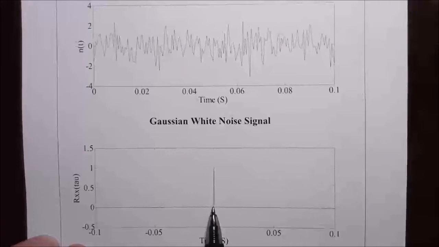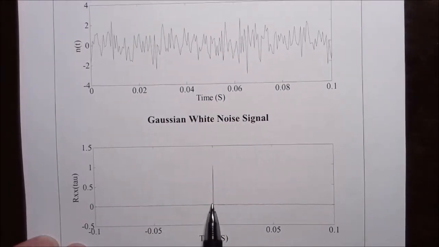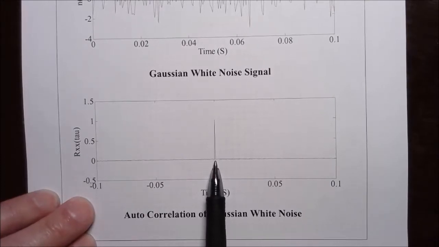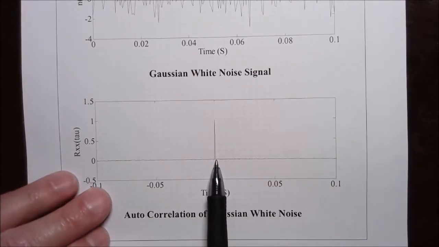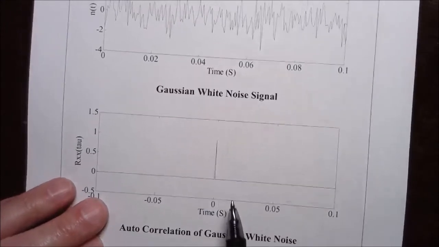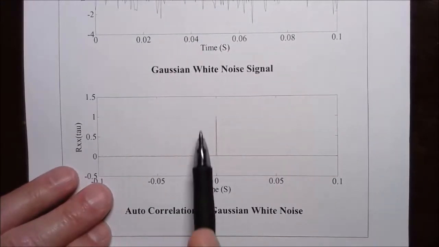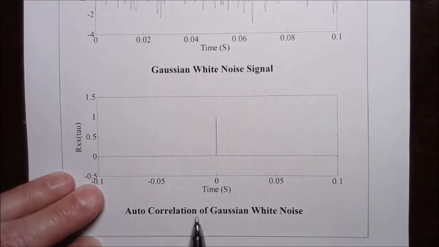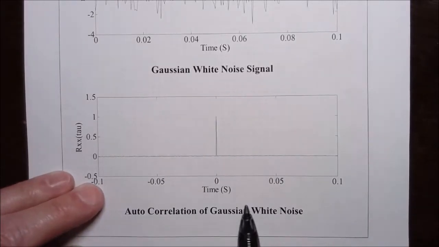So with no time shift at all, it is 100% correlated with itself, as you would expect. But even with the slightest of time shifts, again, there are limitations due to the sampling, so even if you shift it one sample to the right or to the left, the correlation drops to 0. So this is a pretty close approximation of a delta function. And this then is the autocorrelation for this Gaussian white noise.